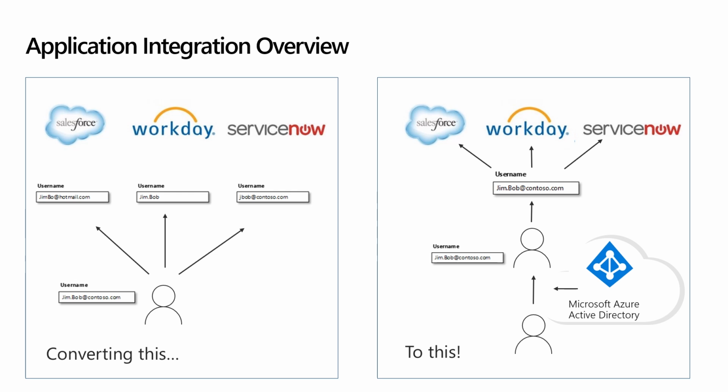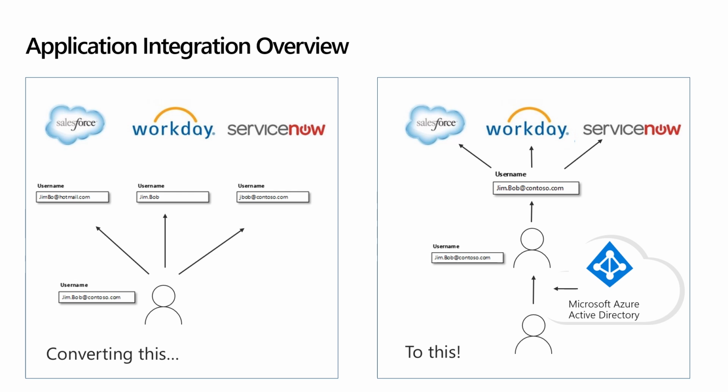That means in this example, you can see Jim Bob is using jim.bob@contoso.com as his identity, logging into Salesforce, Workday, and ServiceNow. So he does not have to remember multiple passwords, but at the same time, he can just click on a button and log in to these different applications with one credential. And that's the benefit the user gets.